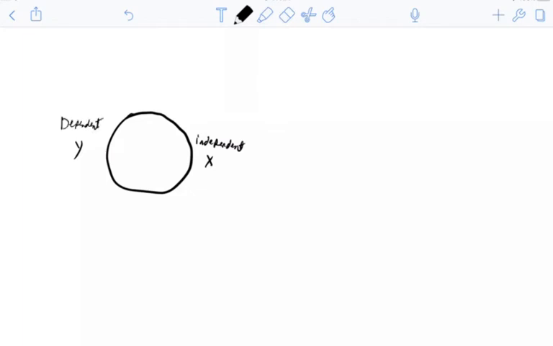So maybe instead of the letter y and the letter x, maybe you're measuring the height of plants, h, and you're controlling the amount of moisture, m. In that case, the independent variable would be m, that's the thing you're changing, and the thing you're measuring, the thing that depends on the other thing, the height, h, right?